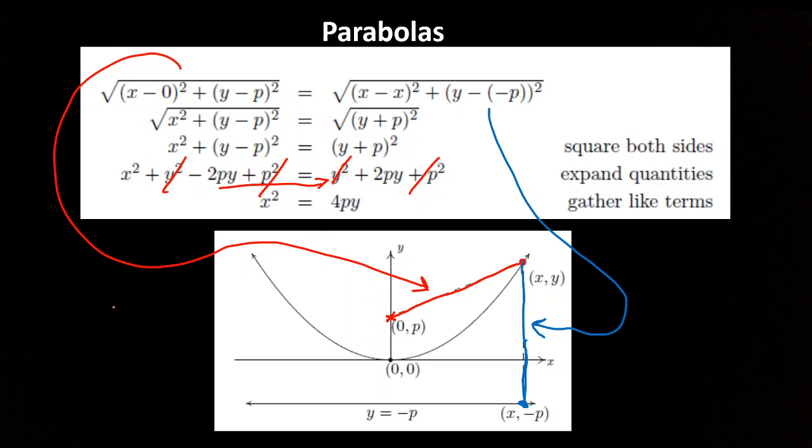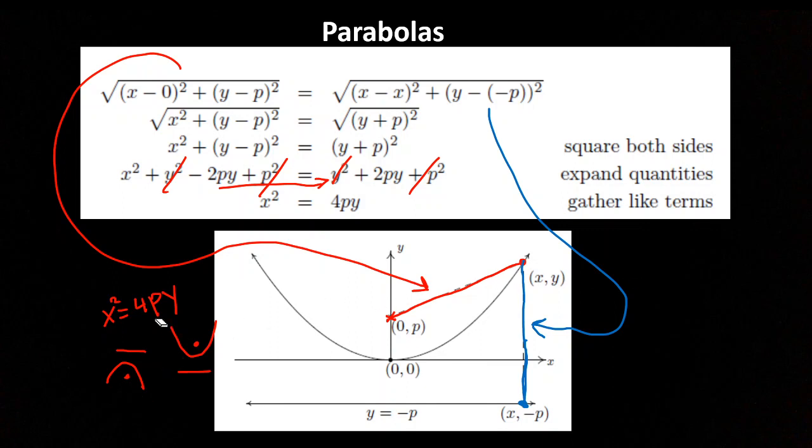So x squared equals 4py is the equation of the parabola that is vertical. And its focus is here and the directrix here. Now if p is positive, we have a parabola opening up. If p is negative, then we have a parabola that opens down. Focus is here, directrix is here.